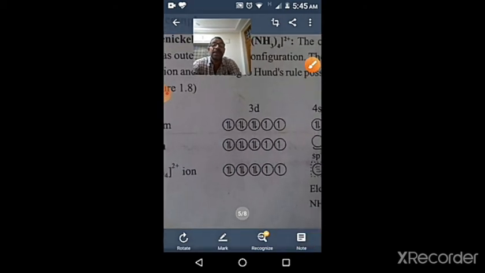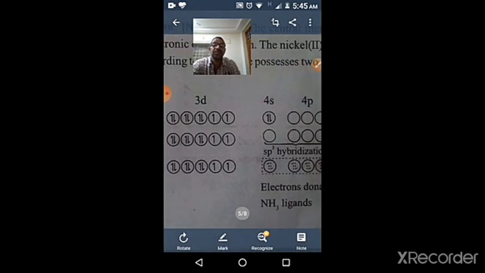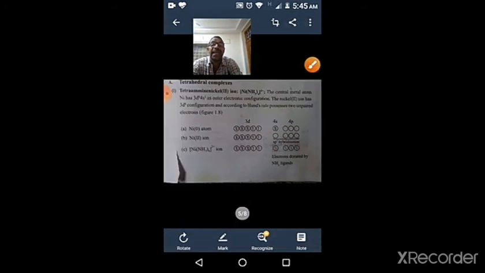What we are showing is that these electron pairs are donated by the ligands. These are the original electrons of the central nickel atom, and these are the electron pairs received from the ligands. In this way, we expect bond formation in the tetraamminenickel(II) complex ion.